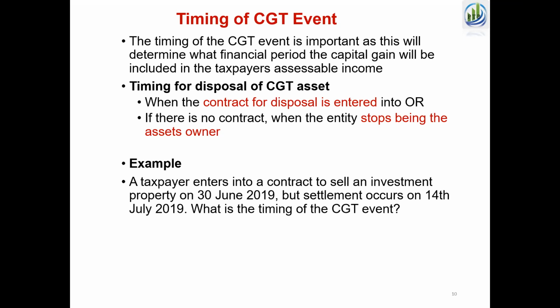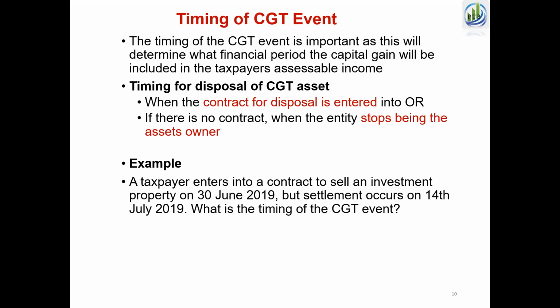You may ask what happens if the settlement does not happen. You can amend and get the money back for the client. In the real world, even though it's an 1819 financial year transaction, we will leave it until the 14th of July. Once the settlement occurs, we prepare the tax return for 1819.